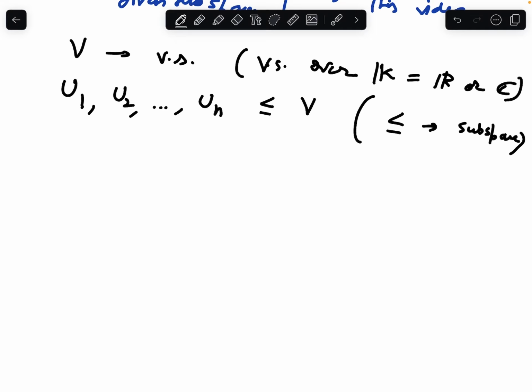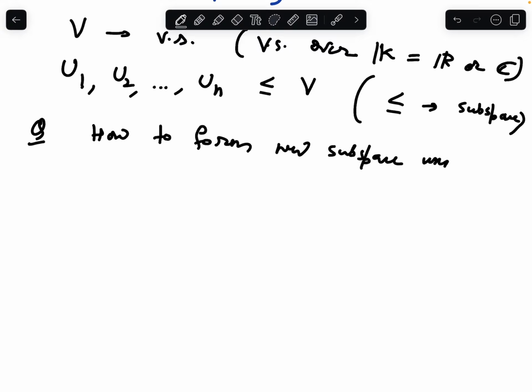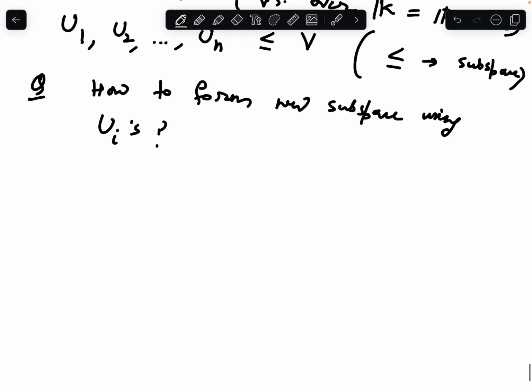So U1, U2, U3, U4, ..., UN are all subspaces of V. Now the question is how to form a new subspace using these U1, U2, U3, UN. So let's take a look at some examples.